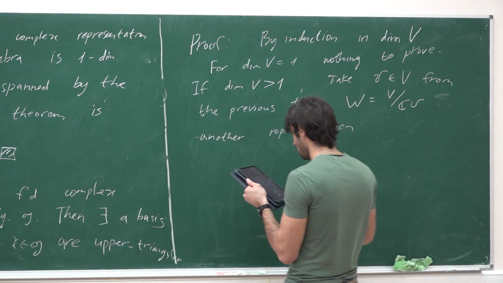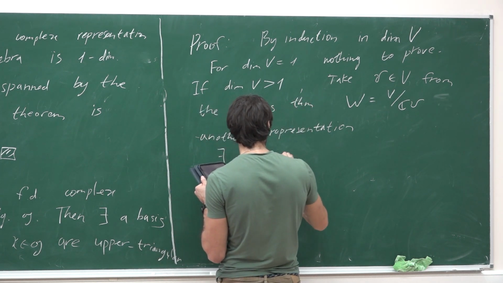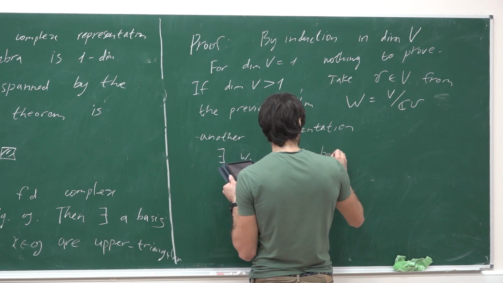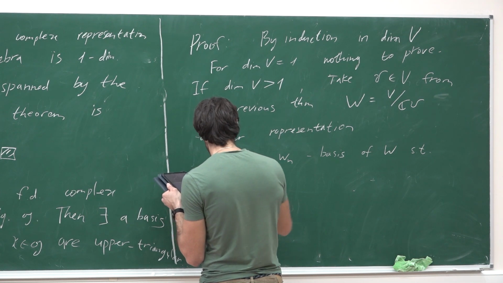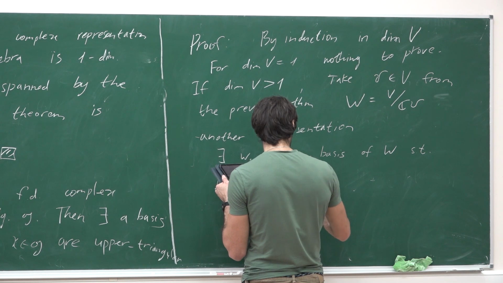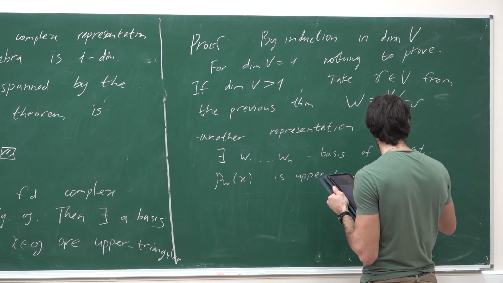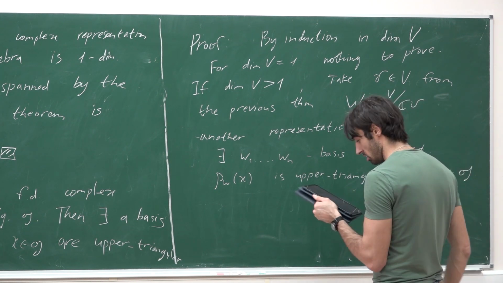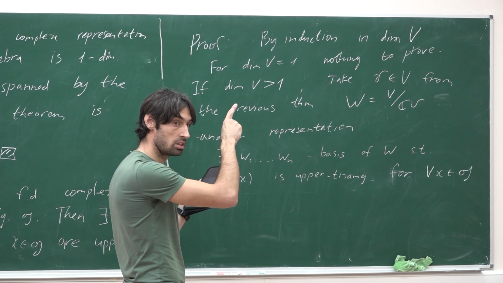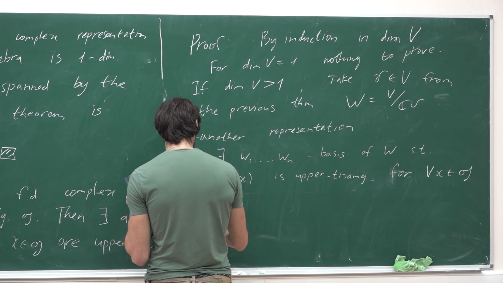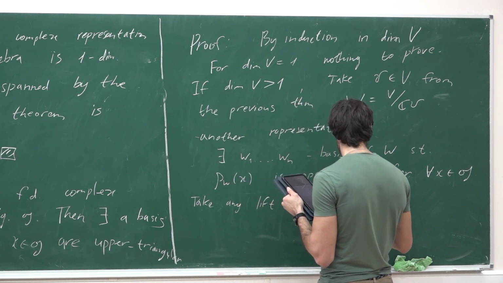And by induction assumption, it's one dimension less, so there exists some basis of W such that rho W of X is upper triangular for any X in G. But then take any lift of these W's to V, and let's denote it W1 tilde, ..., Wn tilde.